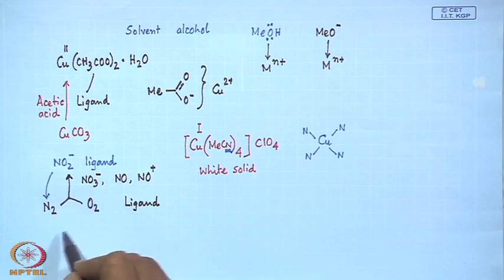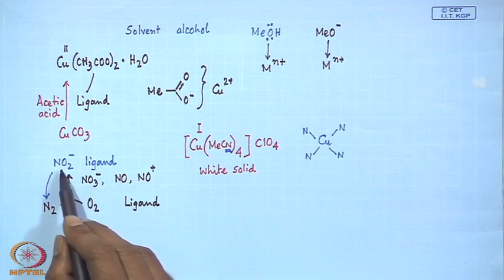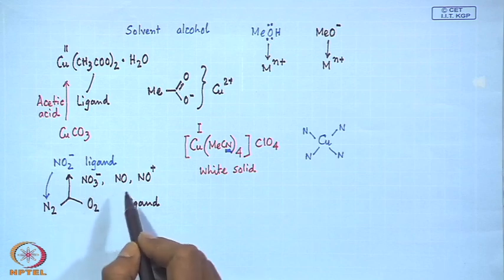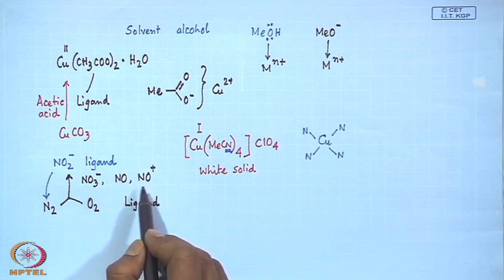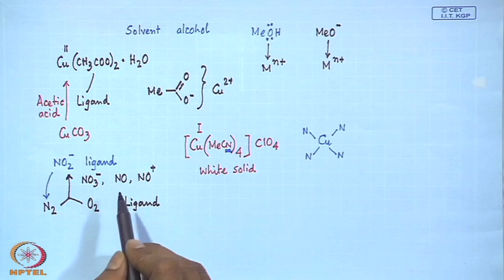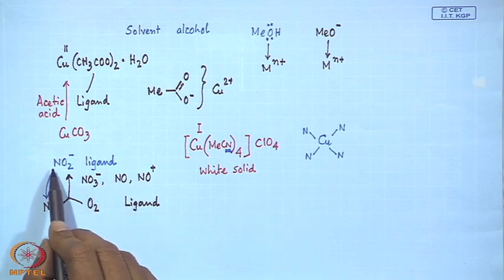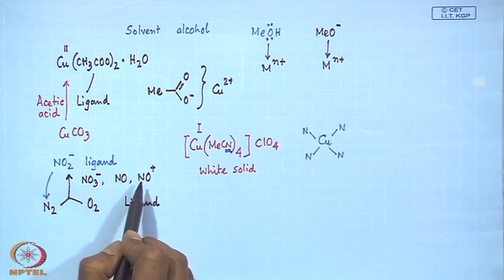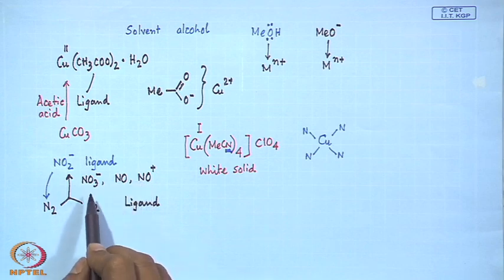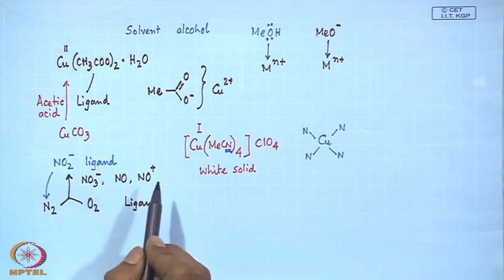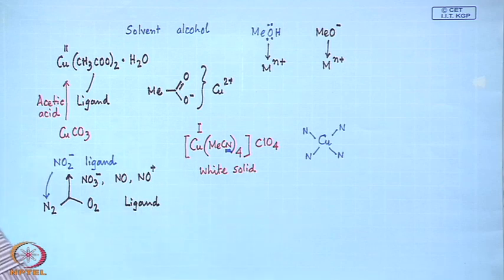So, during that conversion of ammonia molecules to nitrite, nitrate, NO, NO plus, if there is an intervention of the metal center, the metal center will bind to all these species and go for their activation for their immediate conversion.